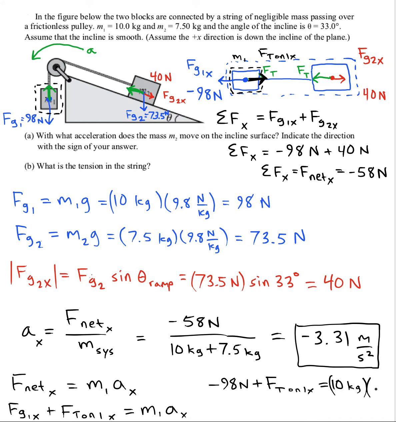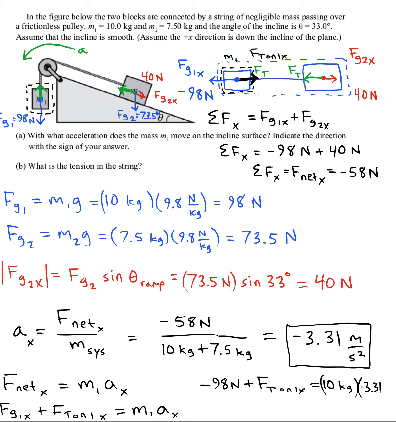And for our acceleration, negative 3.31. Okay, we'll solve this equation for Ft on 1. .9 newtons.